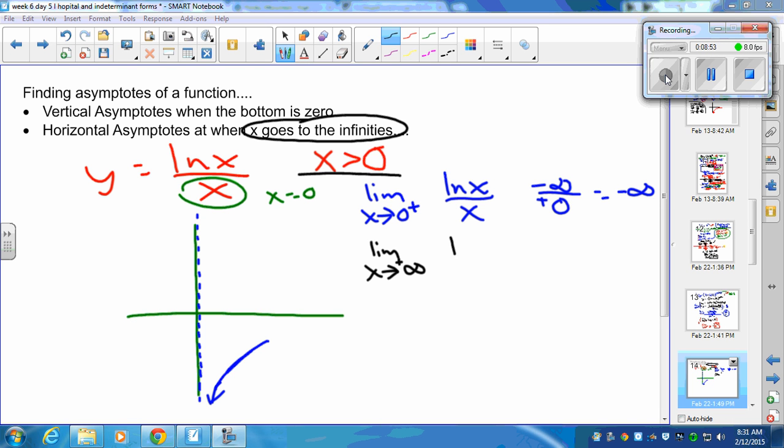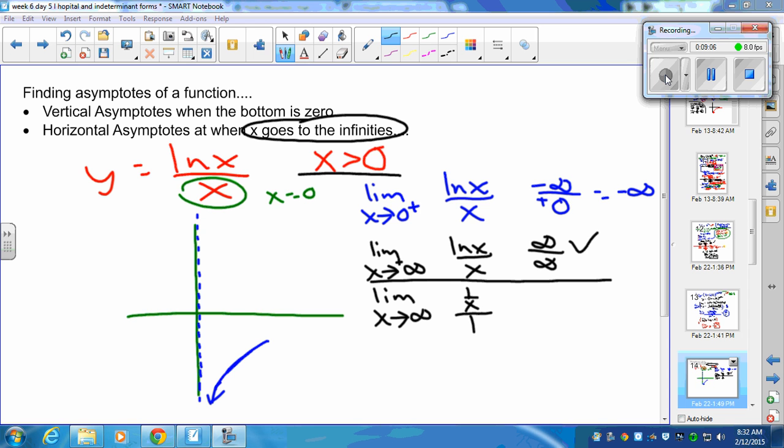And we're going to try it for ln of x over x. Plug in infinities, you get infinity over infinity, indeterminate. So you can take a derivative of top and bottom, 1 over x over 1. And that gets you 1 over infinity, which is 0. So I now know that this levels out there.